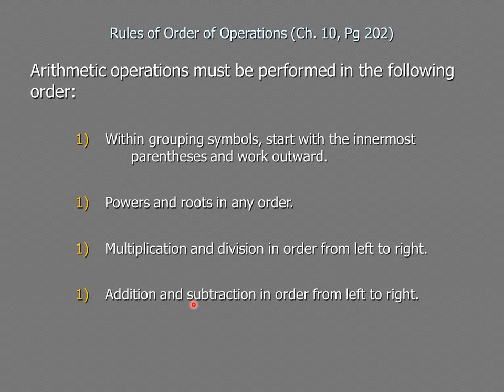And then later you do the addition and subtraction. In case of addition and subtraction, you do the same thing. You start with the left side one first. So, this is the order of how you will solve the problem. You first deal with the parentheses. Inside the parentheses, you will look for the operators. If your operations are power and root, no matter which order you do, you first do those.